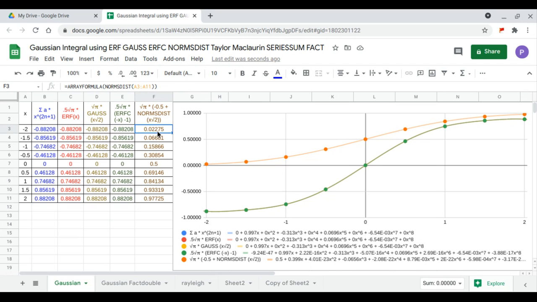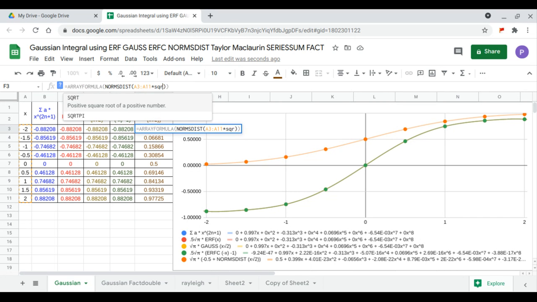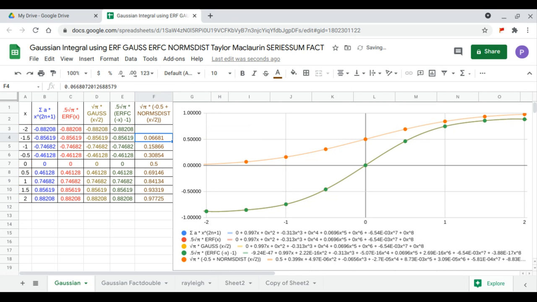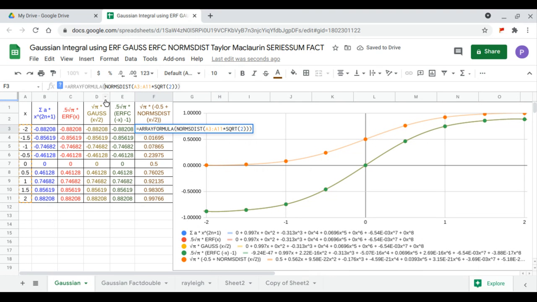And finally, the NORMSDIST. For the NORMSDIST, we begin with the square root of 2. Square root of 2x. So times square root of 2x. Then factor in minus 0.5. So minus 0.5 plus.